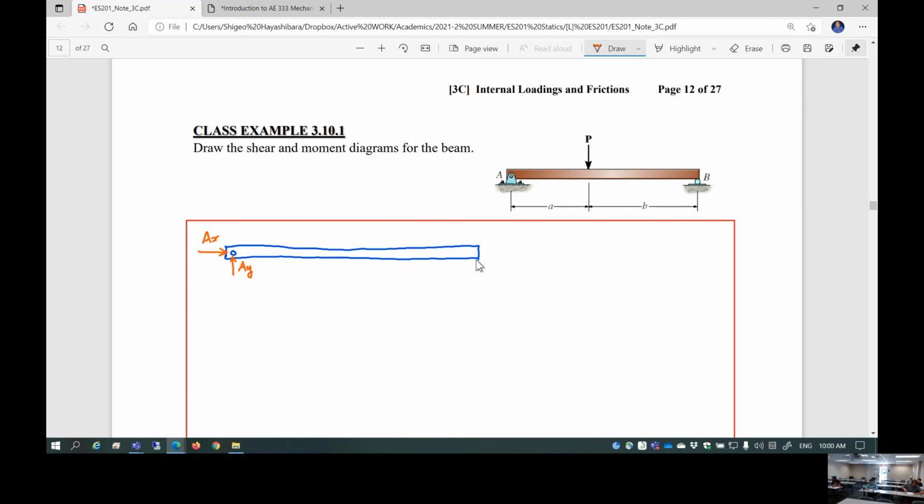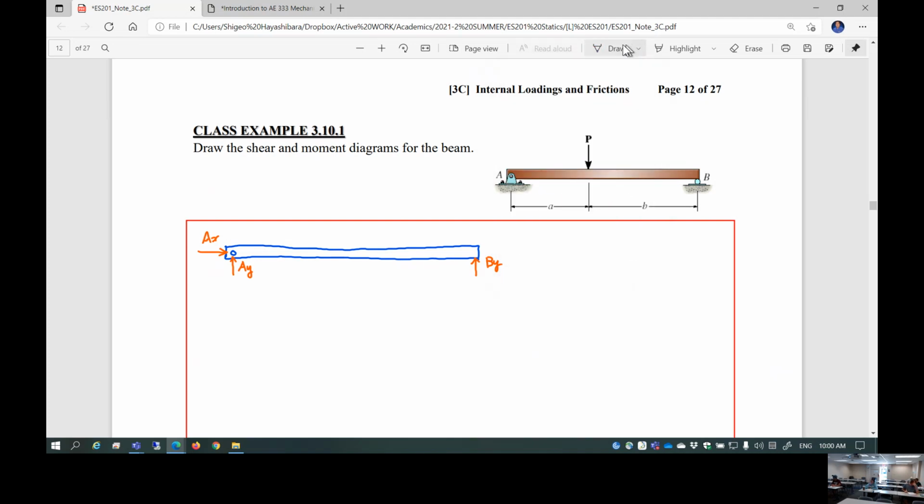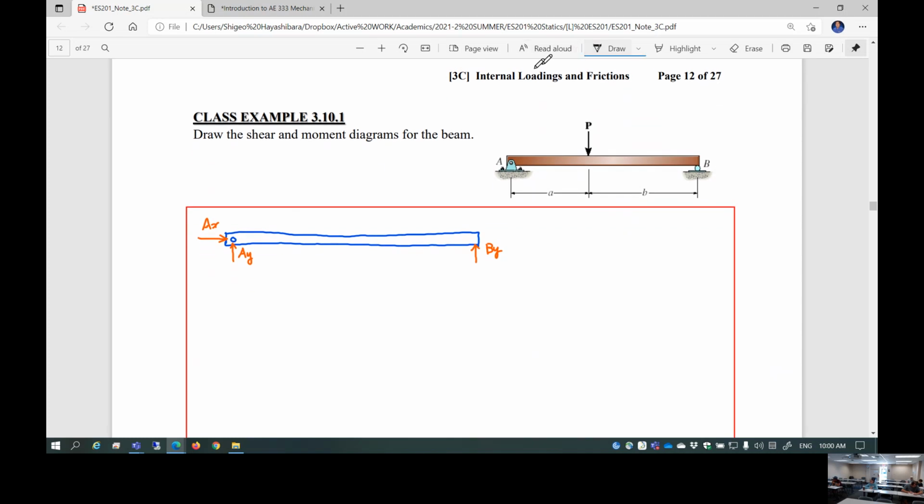And also right here, roller B, you are going to have support reaction BY. And external loading is applied. This is P, the external loading. The location is A, measured from pin A, and then the rest of the beam's length is B.